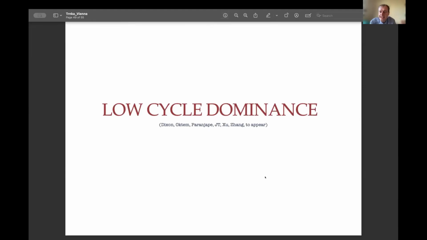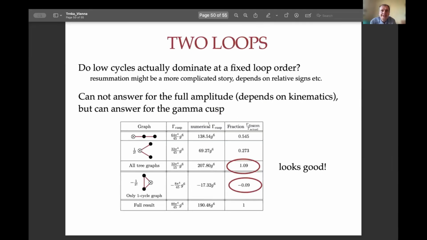And we have some indication for that, not for the full resummed result, but we look at how the different contributions, the negative geometries, contribute to gamma cusp at fixed loop order.